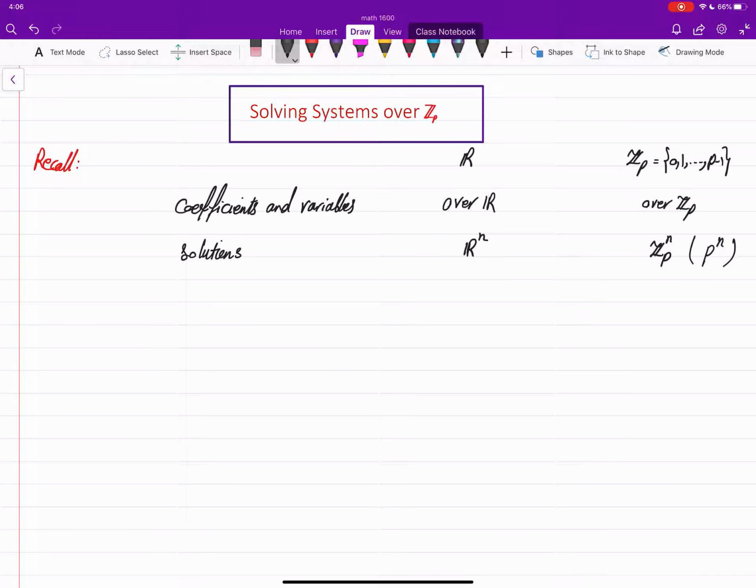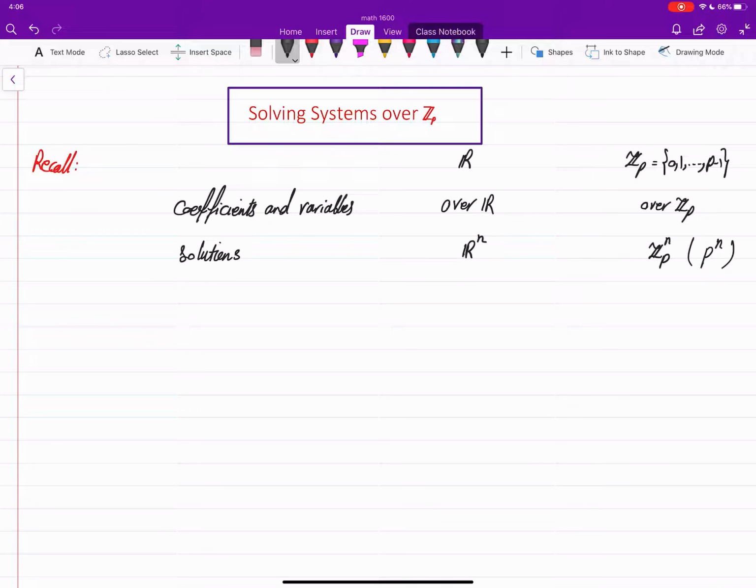And that's why, to solve such a system, we had a method of trial and error for the systems over Zp. For the systems over R, however, we have two methods.